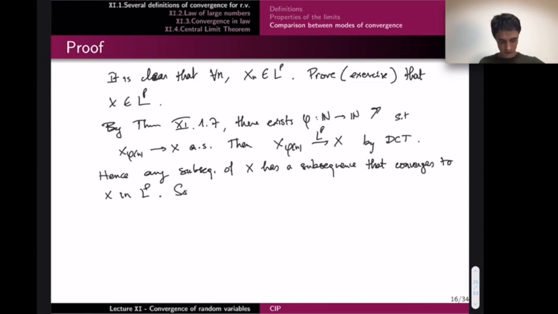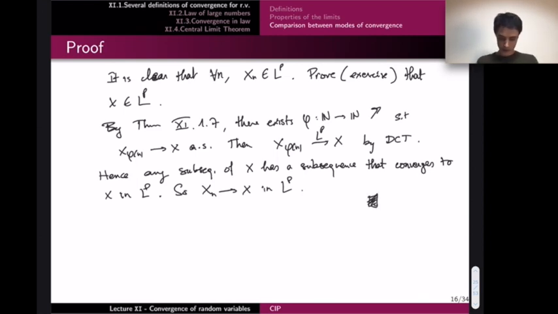So Xn itself converges to X in L^p. That's the usual criterion: if you have a sequence and any subsequence of this sequence has a further subsequence that converges, then the whole sequence converges. That's a classical characterization of convergence in any metric space, actually. So Xn converges to X in L^p.